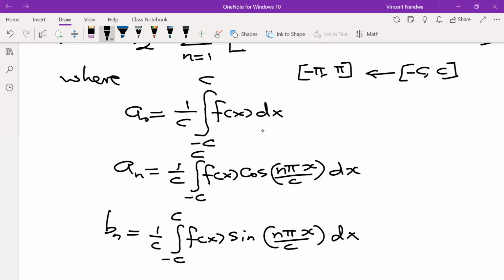So this is how we define the Fourier series for a function defined in an arbitrary interval minus c to c.